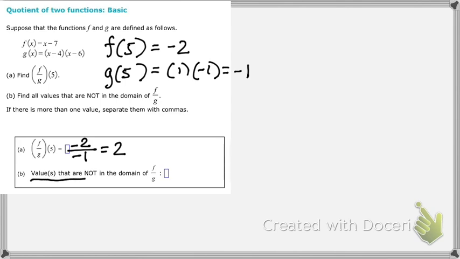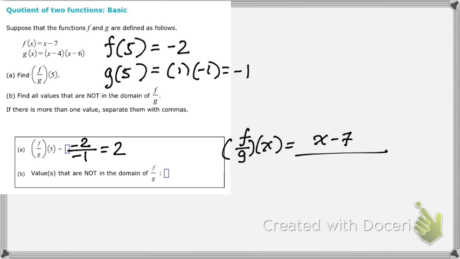Now this says values that are not in the domain of g. So if I think about f over g of x, right? If I think about that, then instead of f over g of 5, what would I have? I would have the f over the g.